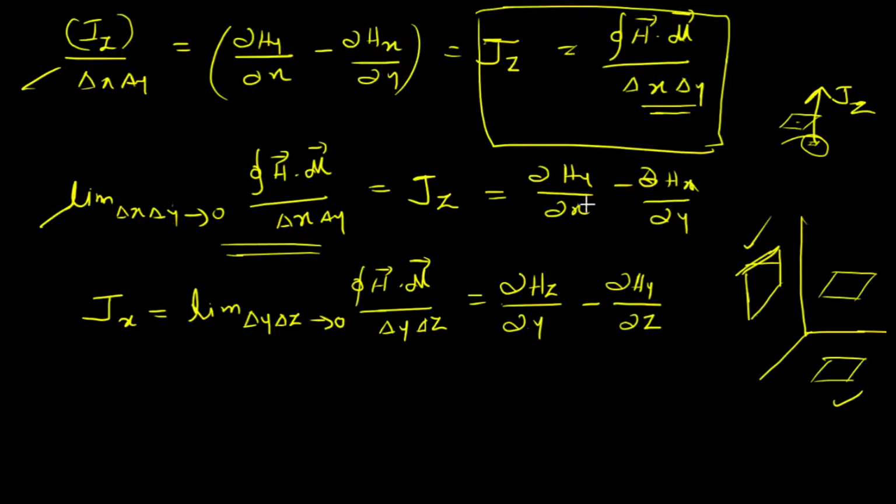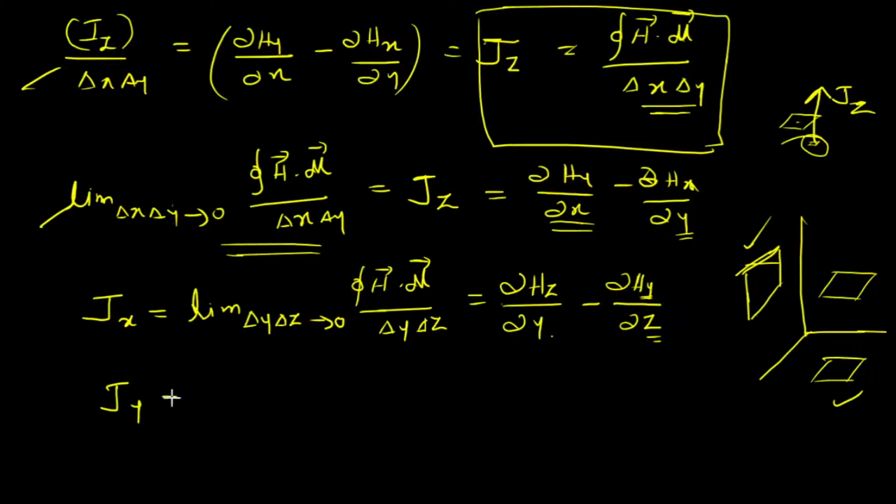So I have just written this by looking at this equation. How I got this equation? I have Hy varying along x direction, so here I will have Hz varying along y direction, and here I have Hx varying along y direction, so here I will have Hy varying along z direction. So that will give me Jx.